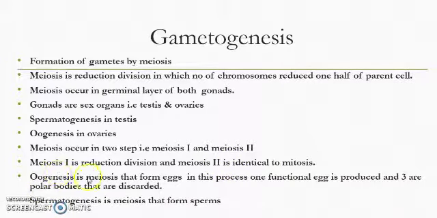As a result of oogenesis, in case of females, only one functional egg is produced and three are polar bodies which are discarded. And in case of male, all the four products of the meiosis are functional sperms.